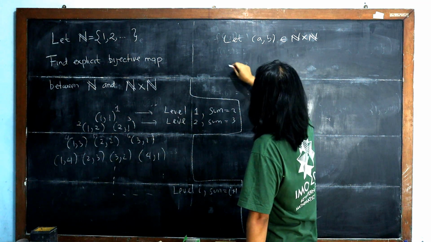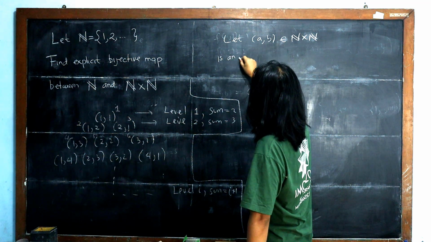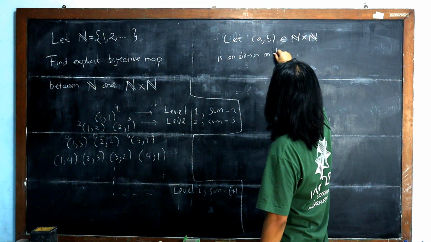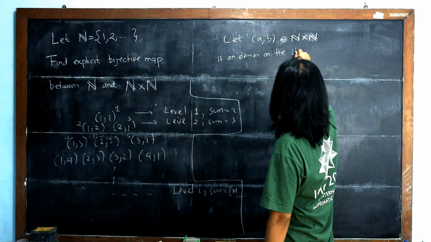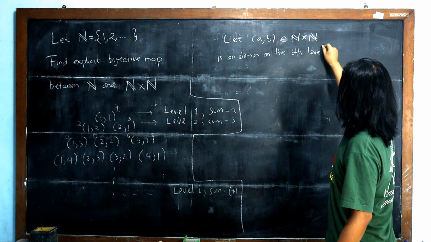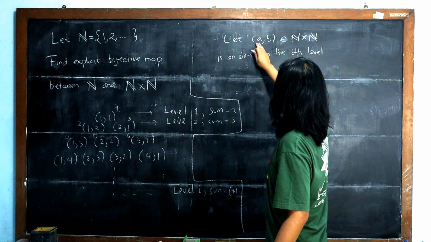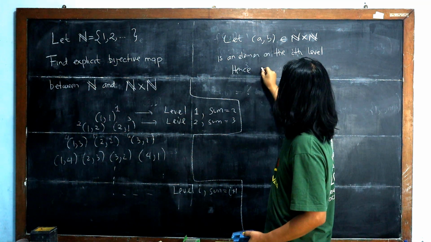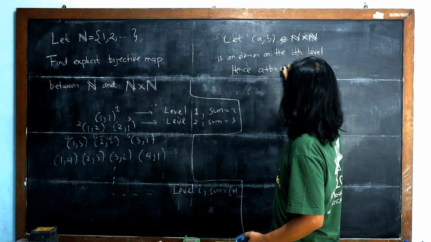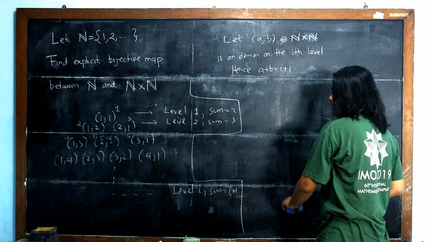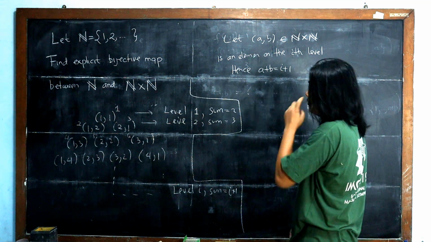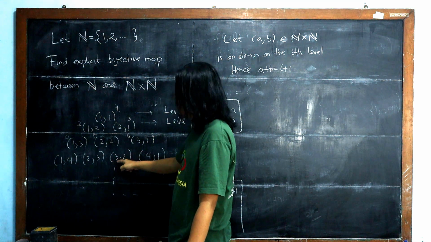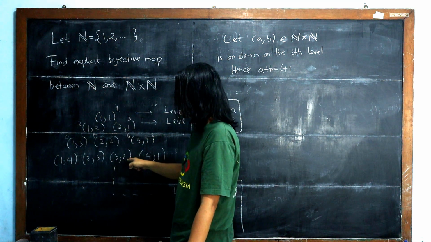Let (a, b) be an element on the ith level. What does it mean? It means that the sum a plus b is equal to i plus 1. Hence, a plus b is equal to i plus 1. Okay? So if we have an element, let's say (3, 2), where the sum is 5.